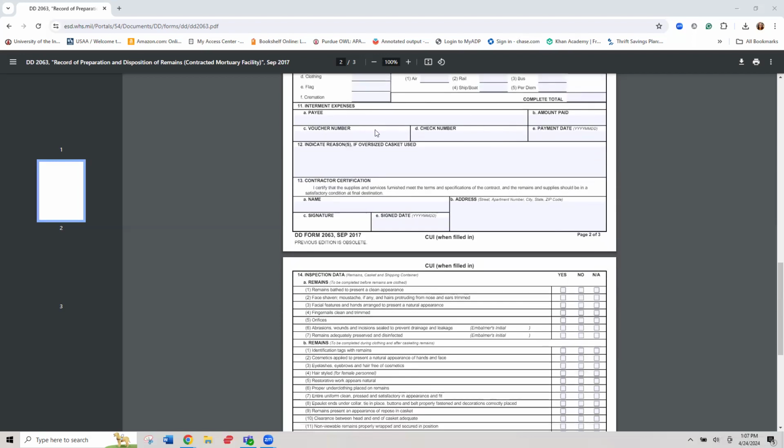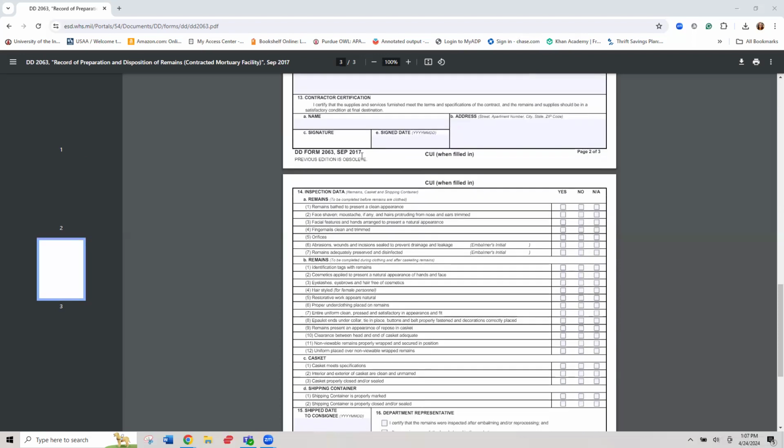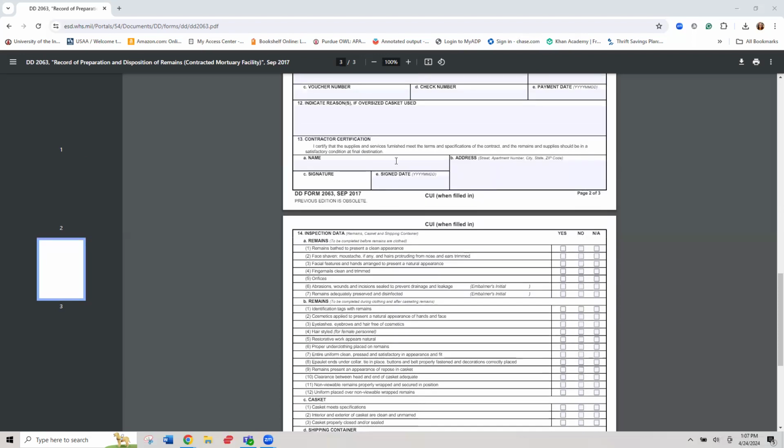This gets into submission of your voucher, okay? You'd have a system that they use for bill submission. If an oversized casket's used, make a note of why. It could be height related, it could be width related, but you always want to make a note of that. And then down here, you're signing off and saying that you provided the items and the services in the specific way that the contract called for, okay?